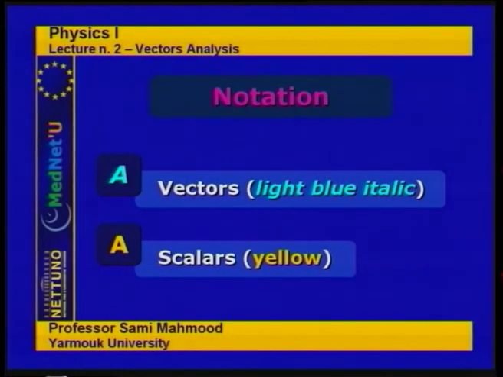In order to distinguish between these two quantities, we have to write them differently in a given mathematical equation or in the text even. Thus, we have chosen light blue italic font to represent a vector quantity, and we have chosen an upright yellow symbol to represent a scalar quantity.